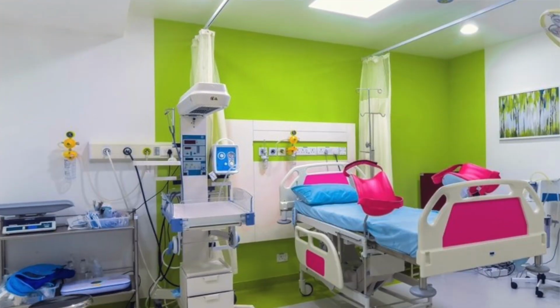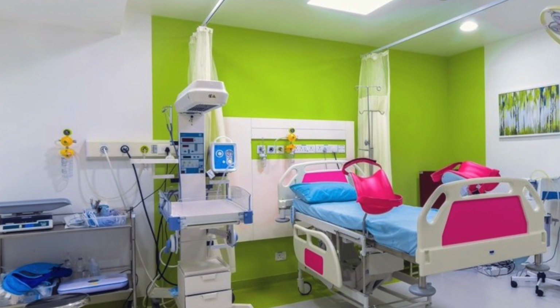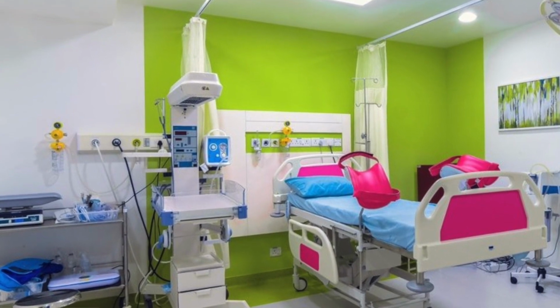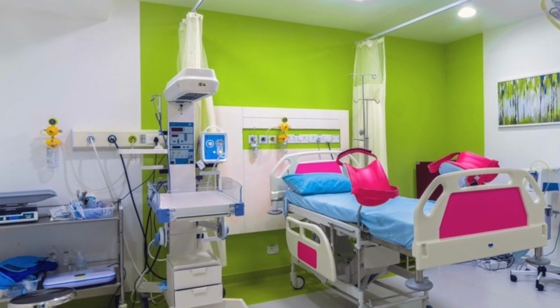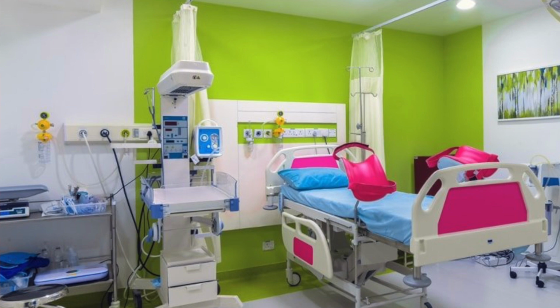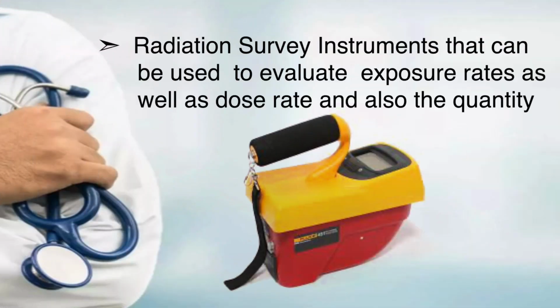So before performing any room modifications or any changes in the facility, that definitely changes the radiation exposures. Apart from all these equipment and protective measures, another important factor I would like to emphasize is radiation survey instruments, which can be used to evaluate exposure rates as well as dose rates and also the quantities of radioactive materials for contamination.